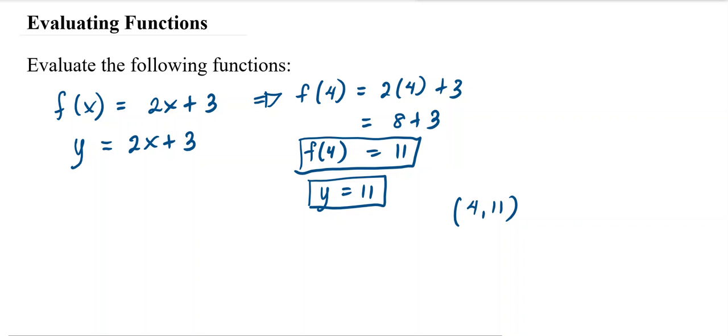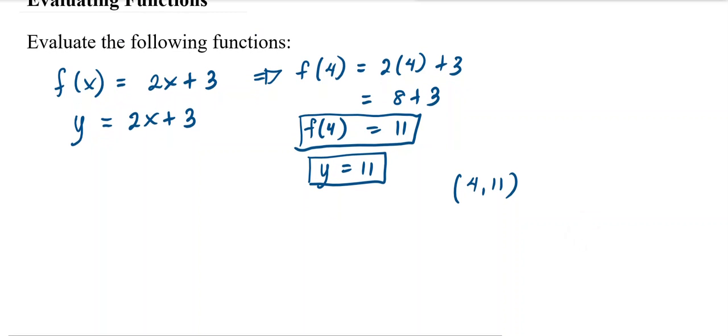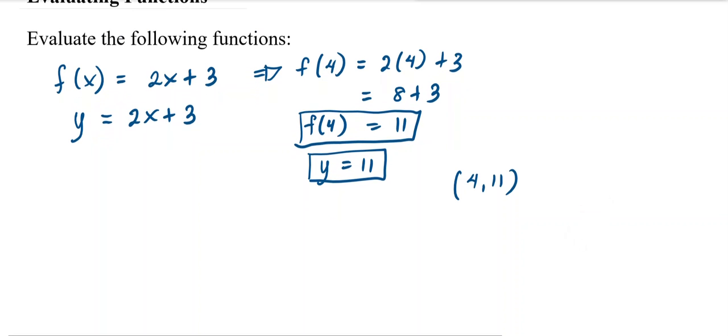Okay, so now let's take a look at another example. Evaluate the next equation when x is -2. All right, so let's use this as example 1, and this is your example 2. This time, the name of your function is g.